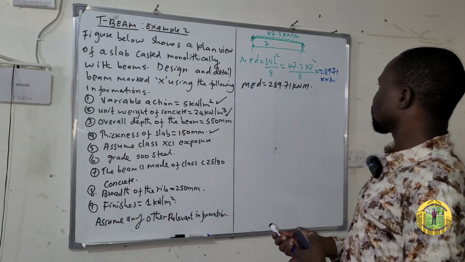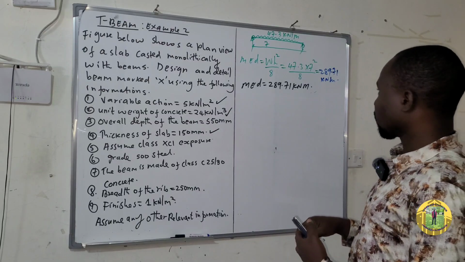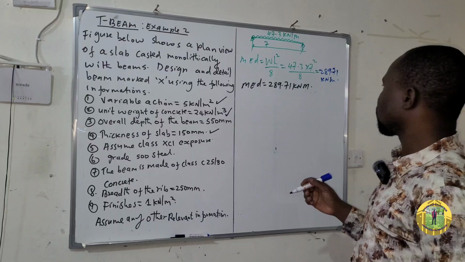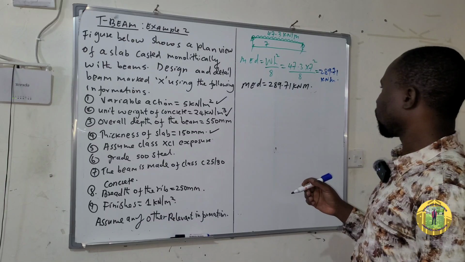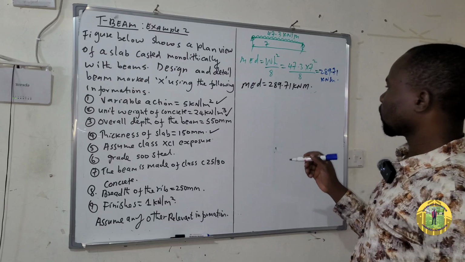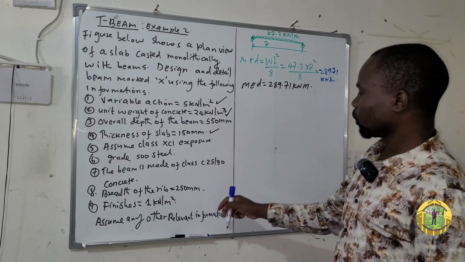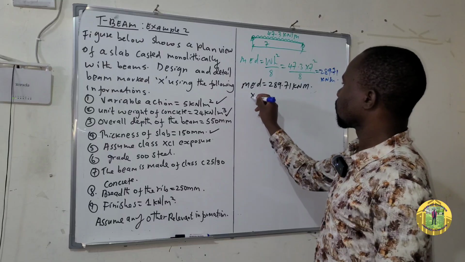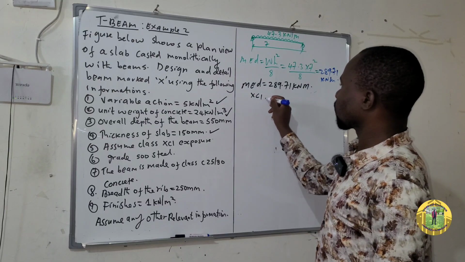But before we start the calculation of D, let's first calculate the nominal cover. So for the nominal cover, we have been told to use class XC1 exposure.